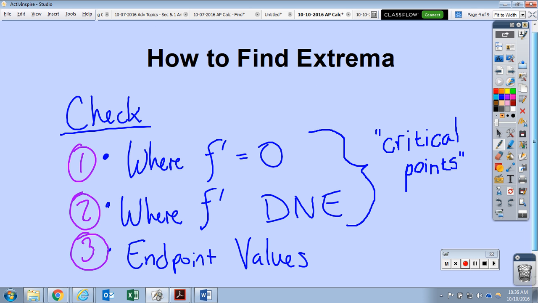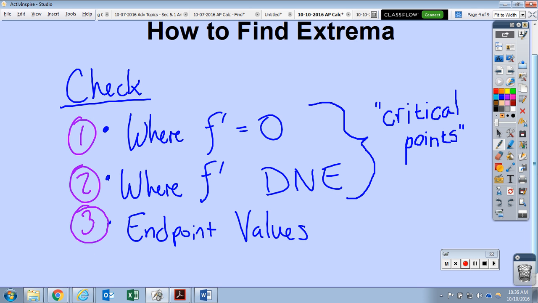So here's how to find extrema. This is it. Numbers 1 and 2 are the critical points: 1 where f prime equals 0, 2 where f prime does not exist, and last, the endpoint values, and that's it. And this will allow you to find extrema for any interval.